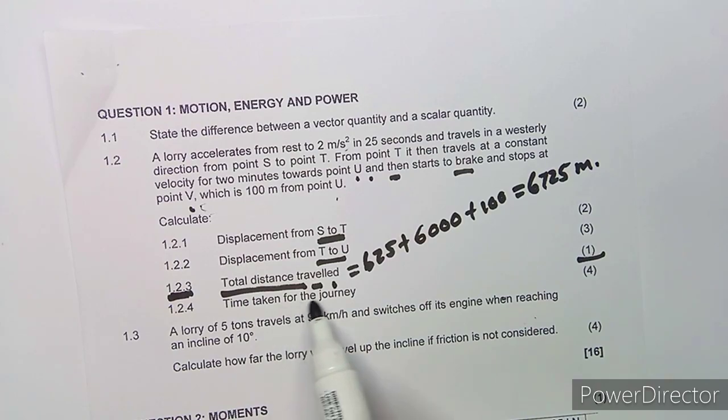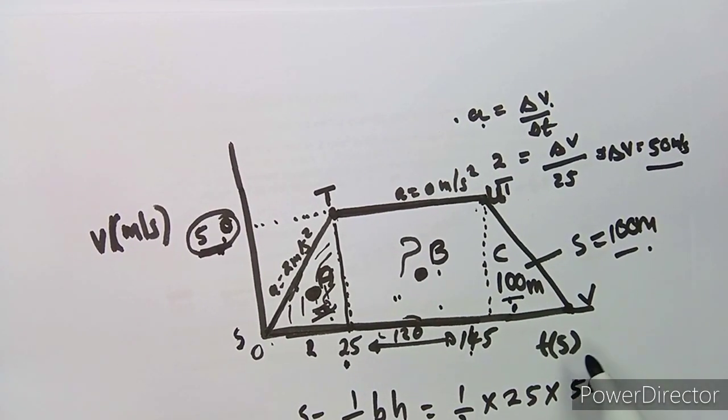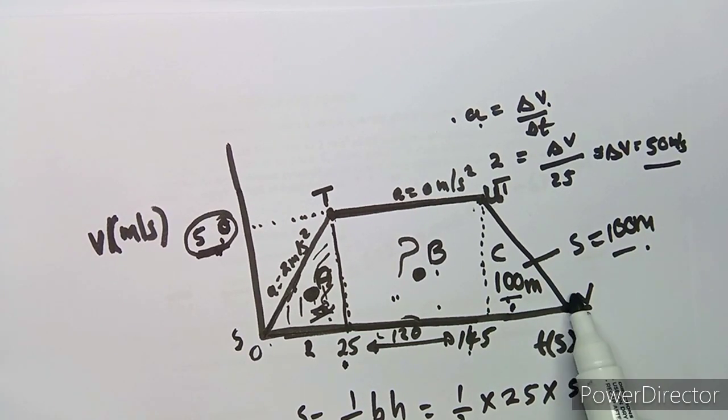Then the time taken for the journey. What is the time? When we are referring to the time, take note, we do not have the value of t here because we are just given the conditions, but the value of t here is not given. So how are we going to calculate the time that was taken? There are so many ways that you can choose to do it.